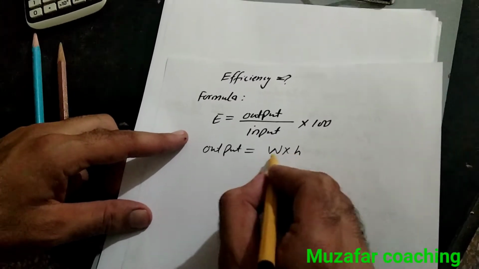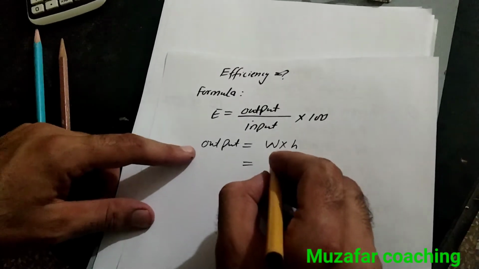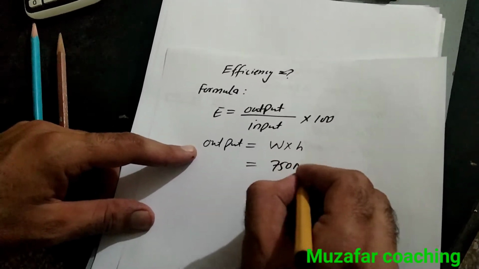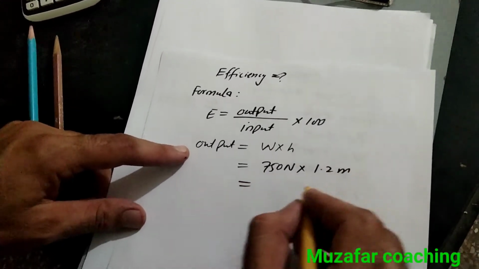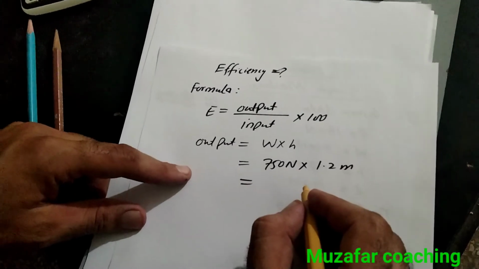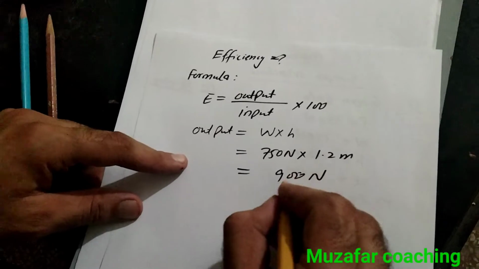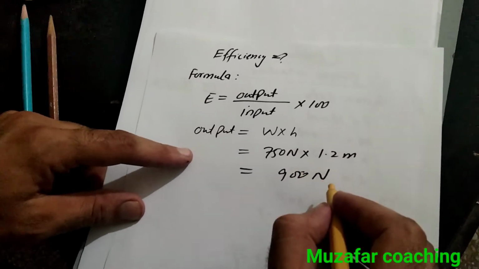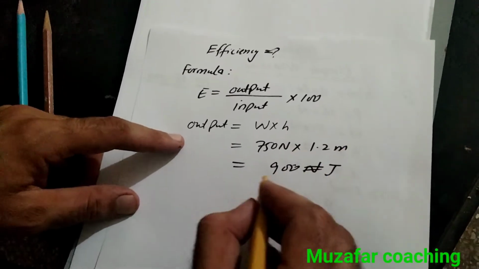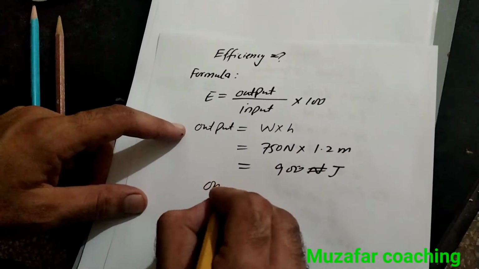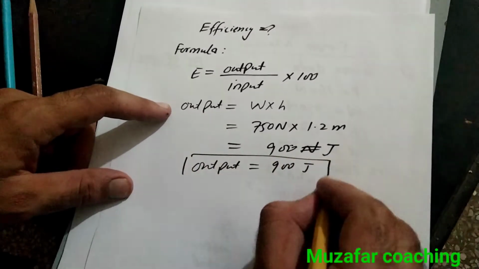It is W multiplied by H. W is 750 Newton, and height is 1.2 meter. When we multiply these two, the answer is 900 joule. When Newton and meter multiply, it becomes joule. So output is equal to 900 joule.